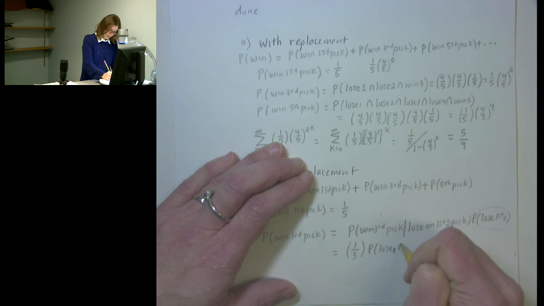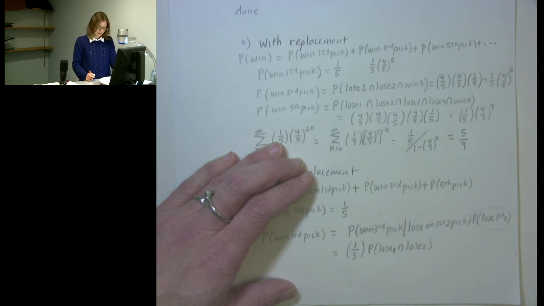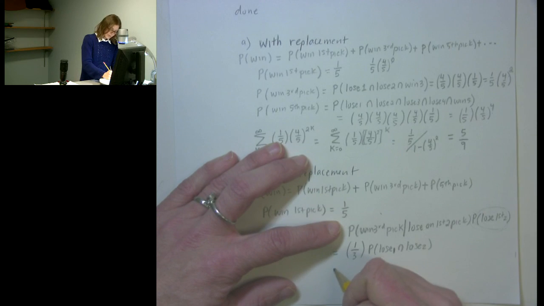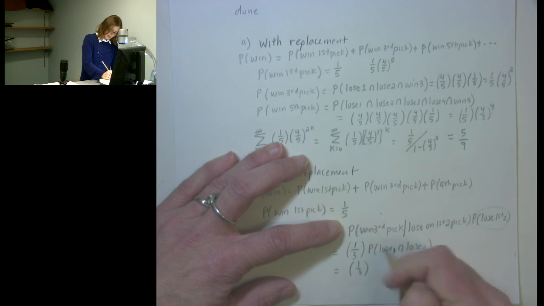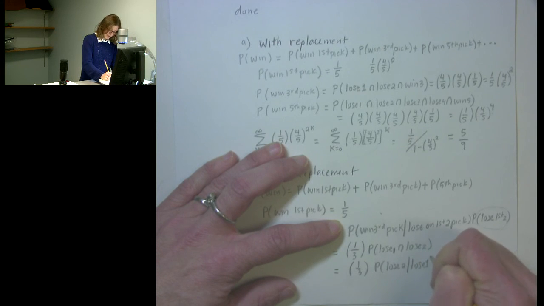Think of lose 1 intersect with lose 2. The first pick was a loser and the second was a loser. This is the same as the probability that the second was a loser, given that the first was a loser, times the probability that the first ball was a loser.